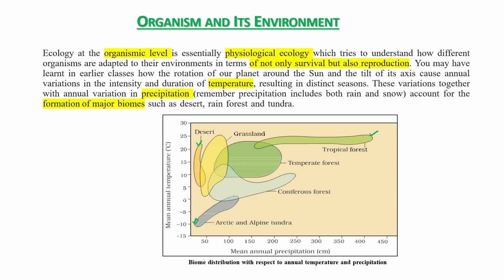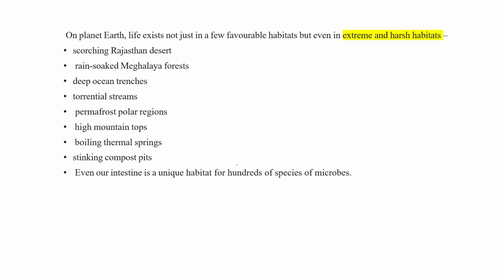Okay, now next slide. On the planet Earth, life exists not just in a few favorable habitats, but extremely harsh conditions are also there, and certain kinds of organisms, animals, plants are able to survive in those conditions. Like in Rajasthan, where scorching heat is the quality of Rajasthan summer, right?